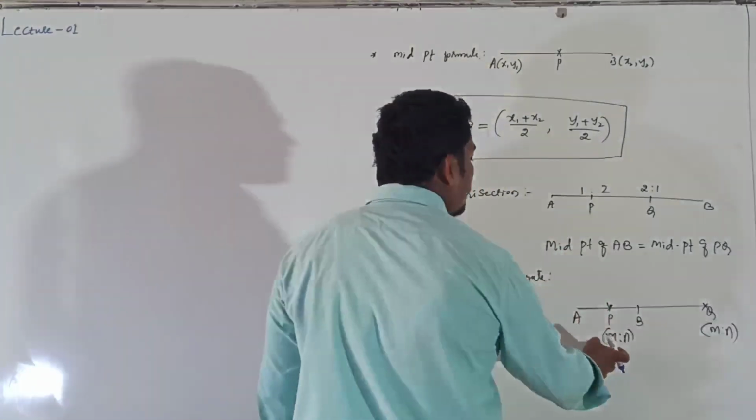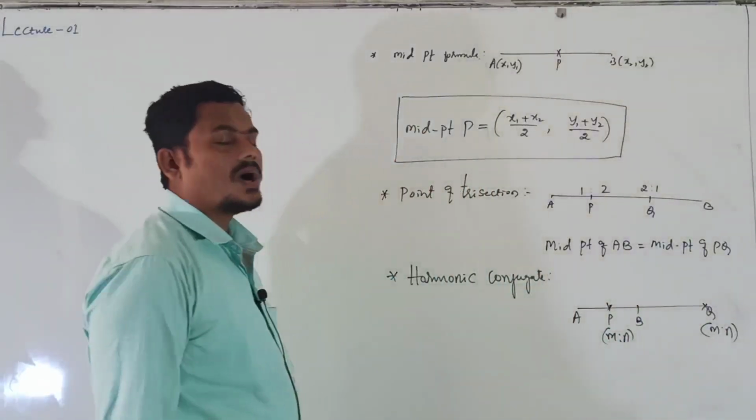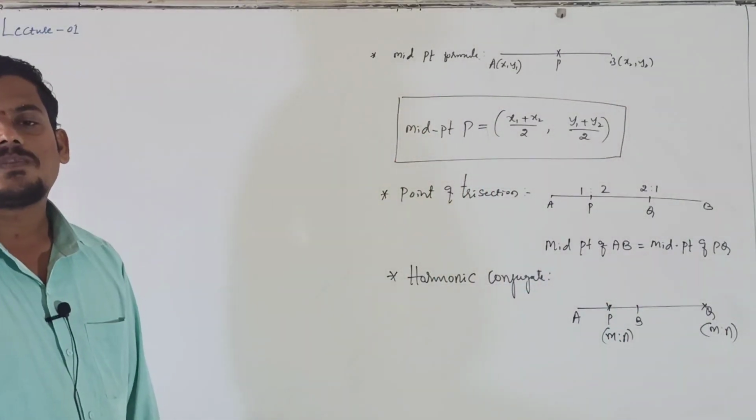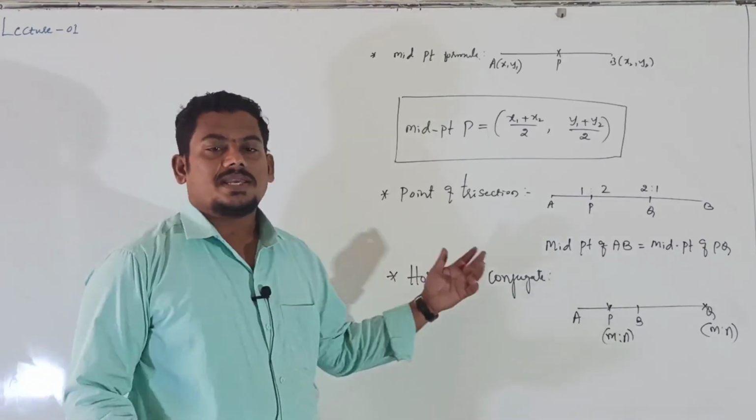Here P and Q are harmonic conjugates of line AB, right?